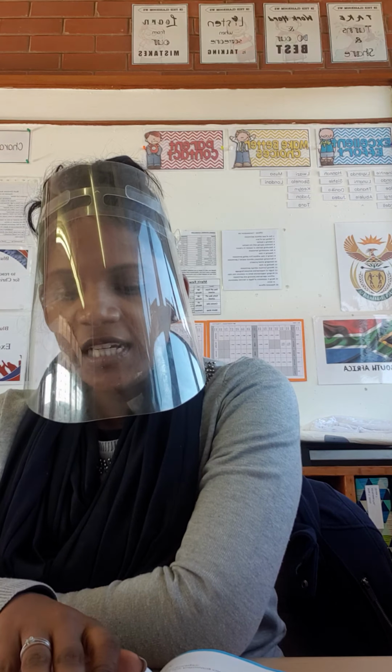Right. Calculate the difference. So what is my operation that I'm using there, Lwazi? Okay, good. Minus. Between the highest, what's the highest temperature, Tando? Right, 3 degrees Celsius. And the lowest, what's the lowest, Menentle? That's right.